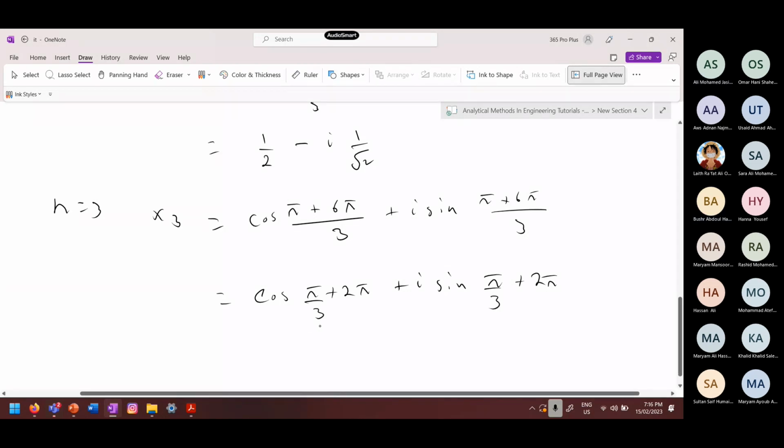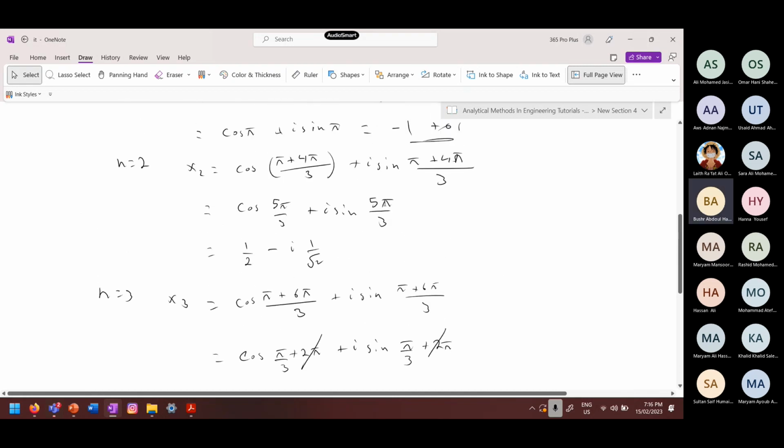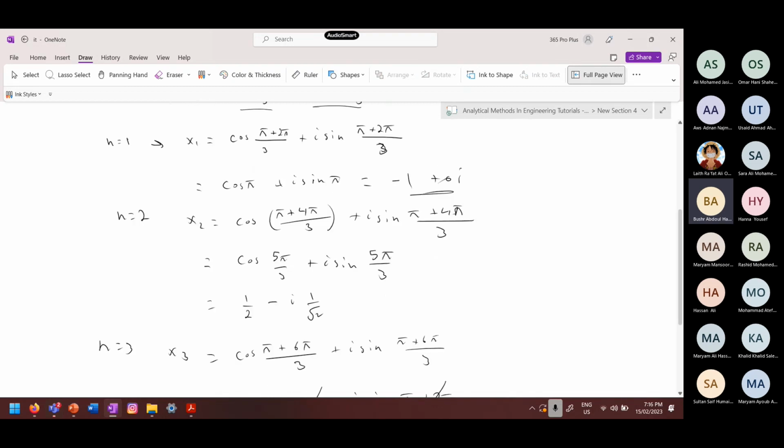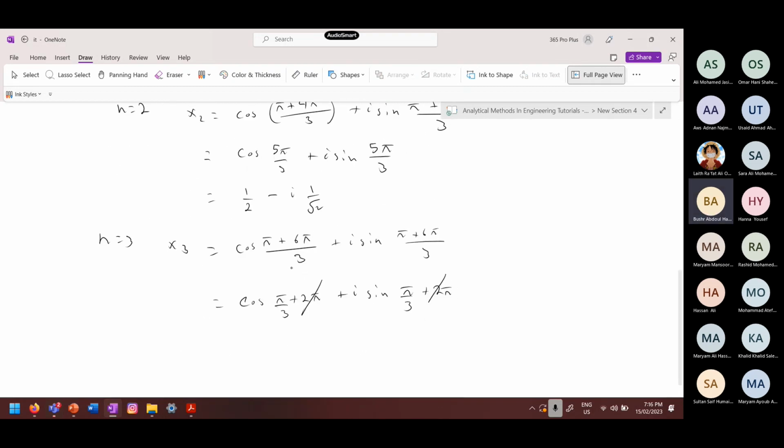Yes. Okay. When you have a 2 pi or 2n pi at the end of the solution, you can just cancel it. Now go back and compare it to your first equation, and you will get this cosine pi over 3 sine pi over 3. So when you finally reach the point that you're repeating your answers, you know that you just finished the solution.